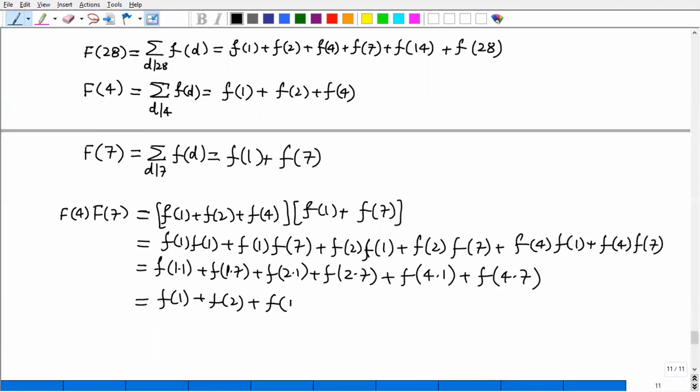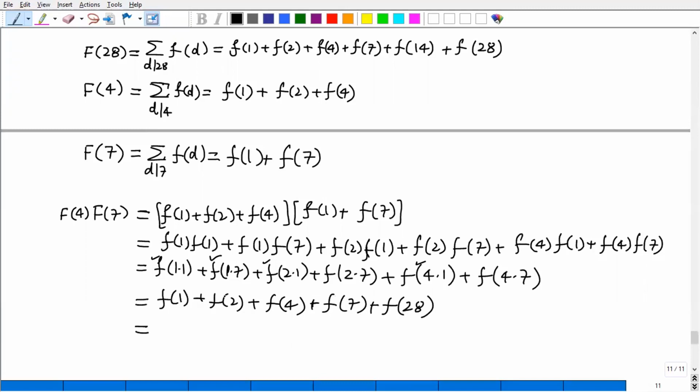Then f of 1 times 7 is f of 7. And in the last, f of 4 times 7 is f of 28.